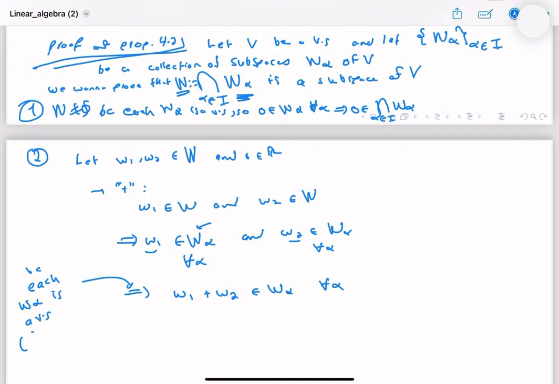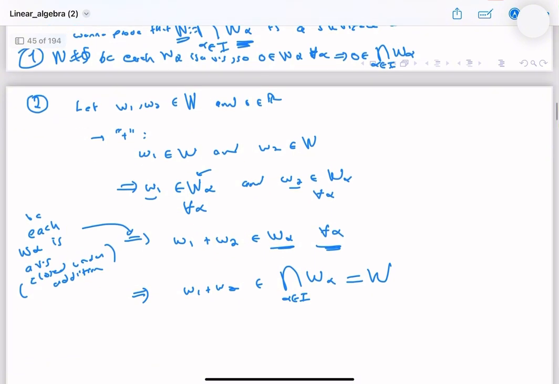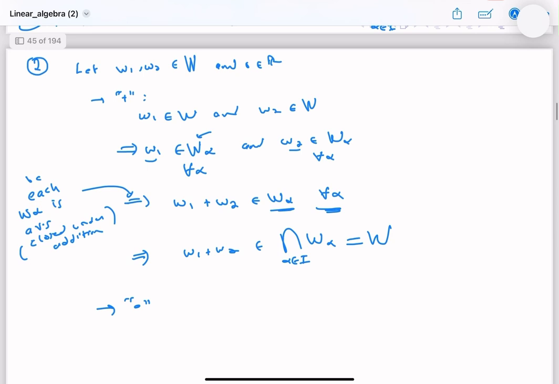Like every vector space is closed under addition, right? So if we add omega 1 and omega 2, we still get them in W alpha for every alpha. But again, this literally means that they're in the intersection of all the omega alphas by set theory, because we have the for every here, right? So this is by set theory, but the intersection is what we call W. Okay, so this is closure under addition.